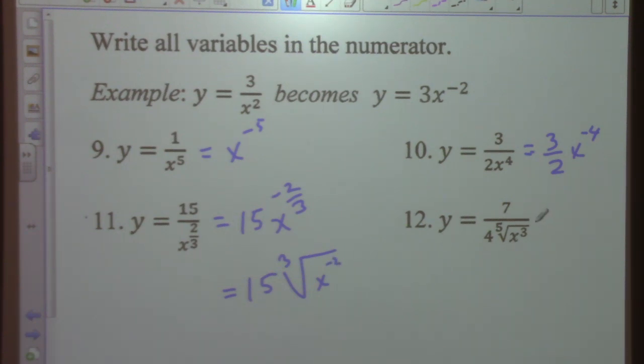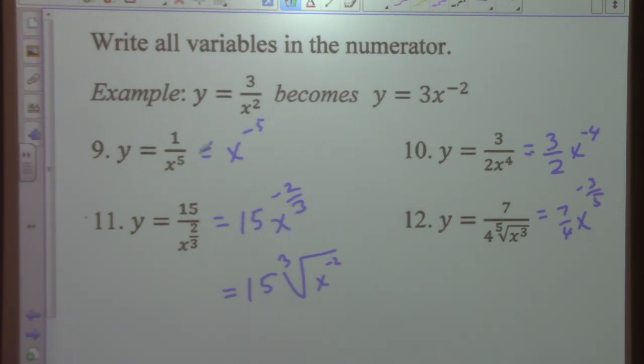And then this one here, what is that going to be? 7/4 x to the negative 3/5. Negative 3/5. Okay, yeah.